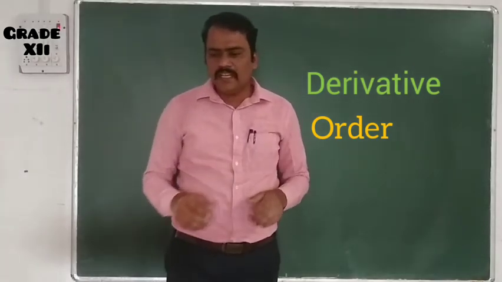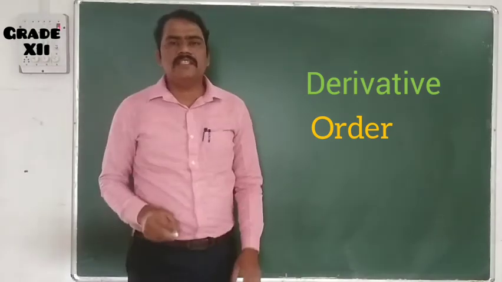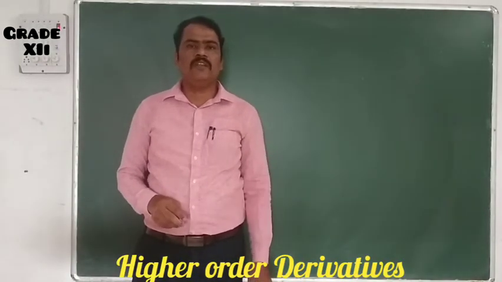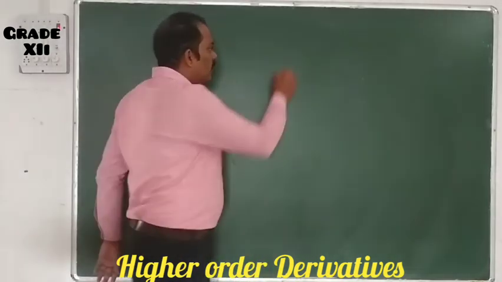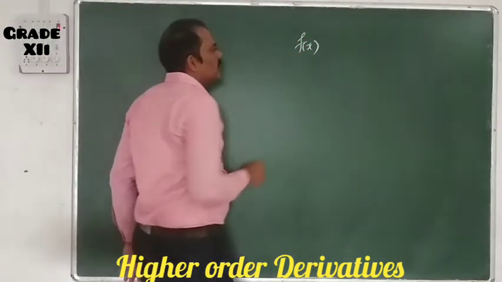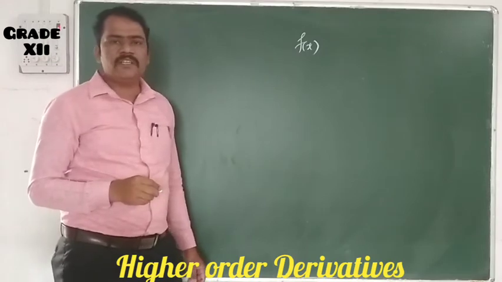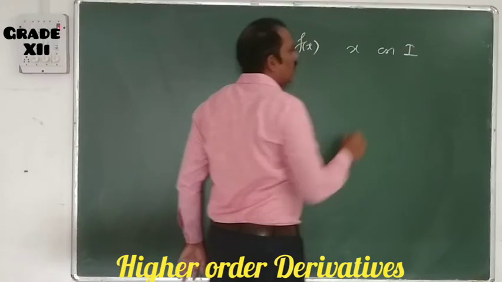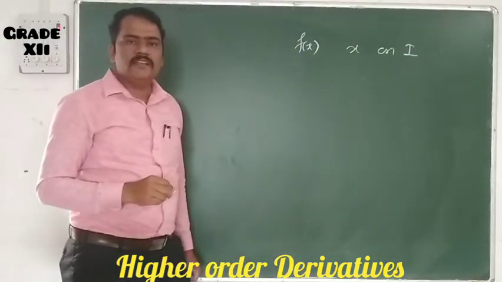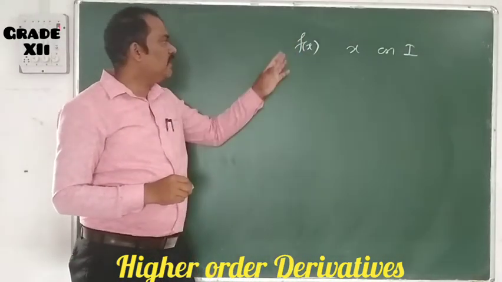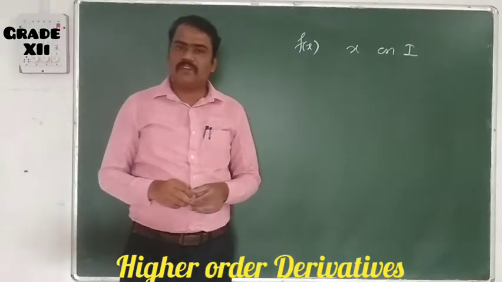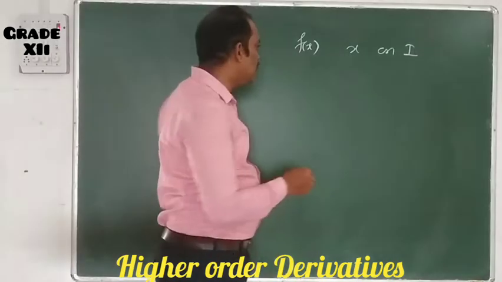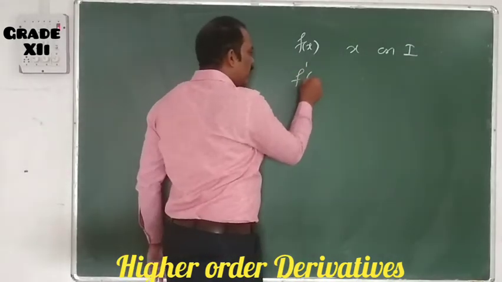So suppose f of x is a differentiable function of x on an open interval I. Then the differentiation of this f of x with respect to x is denoted by f dash of x.